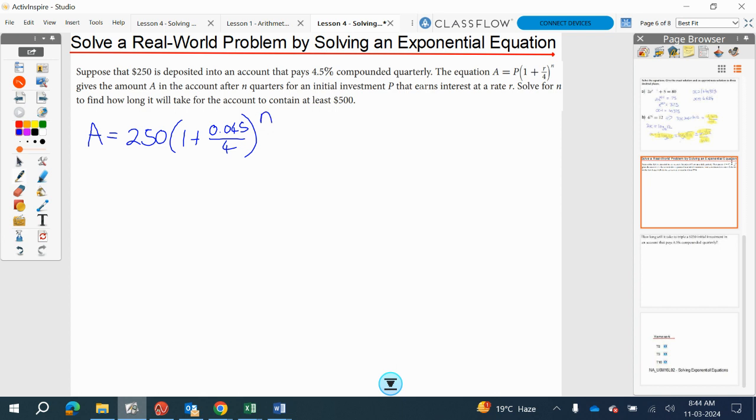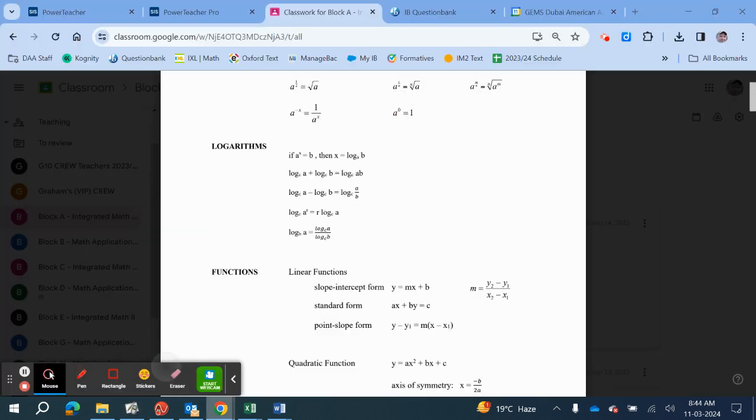So n is in quarters. So is this exponential growth? Yeah, lesson 2. We need to solve how long it takes to have 500 in the account. Let me just see, is that formula on the formula sheet?